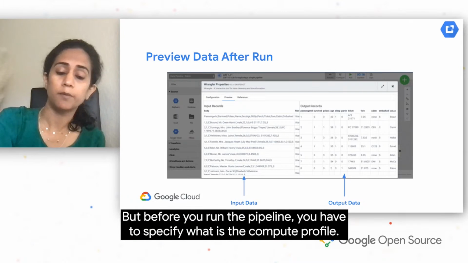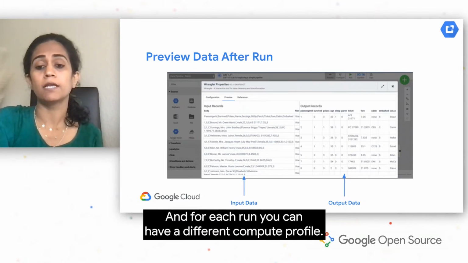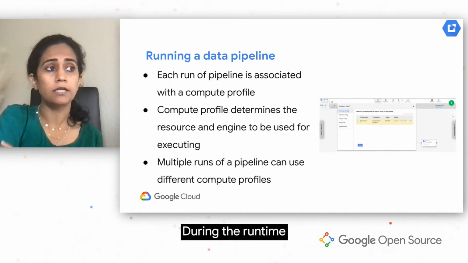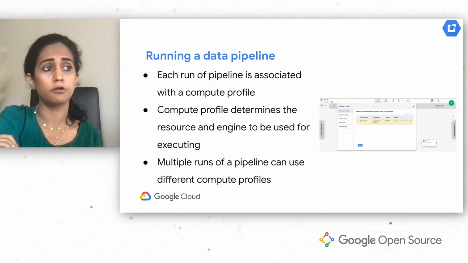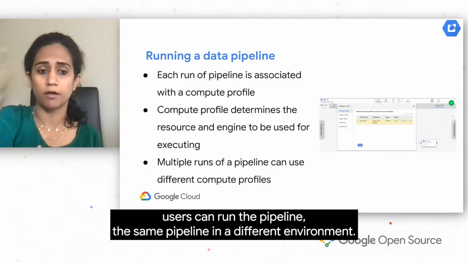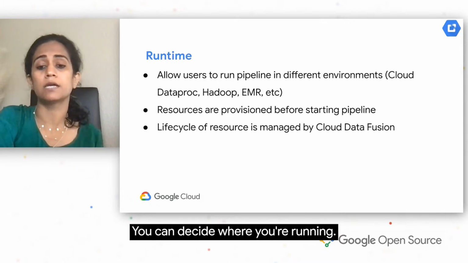But before you run the pipeline, you have to specify what the compute profile is. And for each run, you can have a different compute profile. During the runtime, the users can run the same pipeline in different environments. So you can run it on Hadoop, you can run it on EMR, you can decide where you're running.